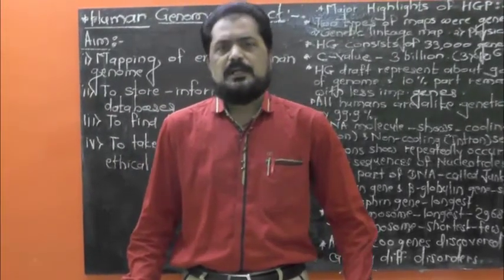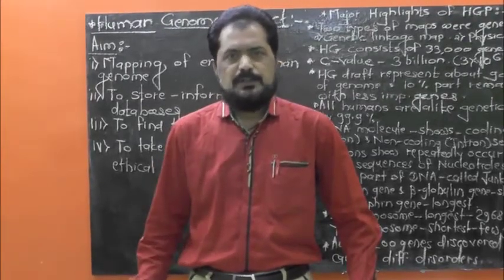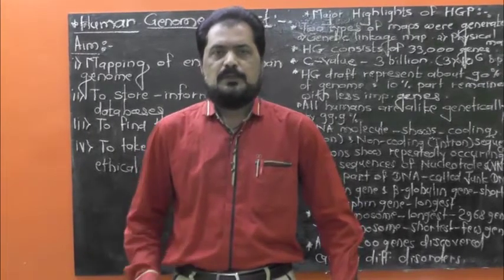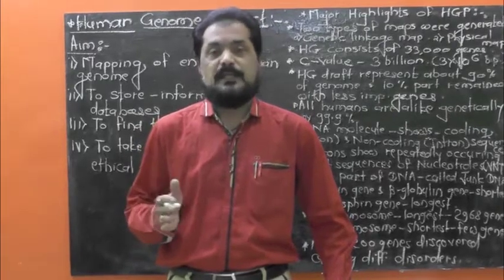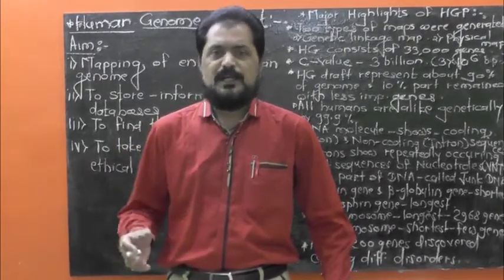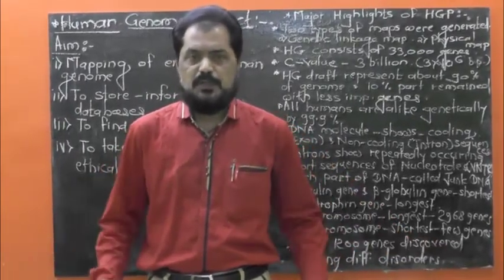So, the major aim of the Human Genome Project was the complete analysis of the human genome to map and sequence, that is mapping and sequencing of the entire human genome, as well as to find the functional role of genes present in the human genome.